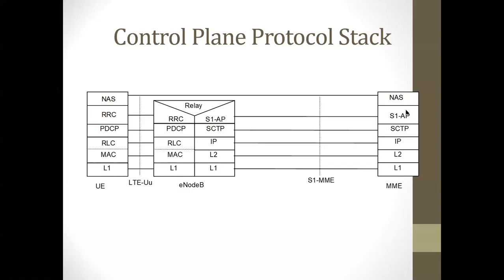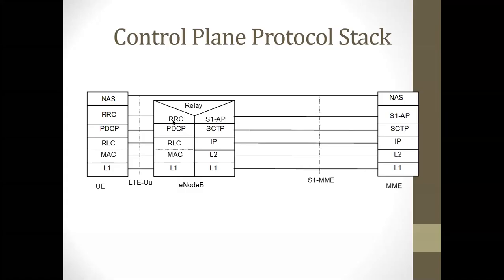and forwards it to the MME. Similarly, when the MME needs to send some NAS message to the UE, it sends the NAS message to the eNode B, and the eNode B loads that NAS message on an RRC message, which has the only purpose to carry the NAS message.